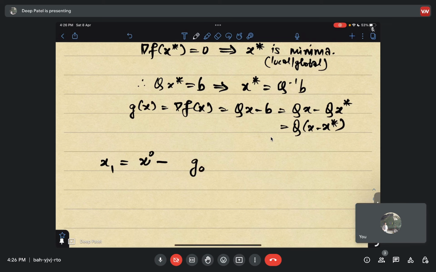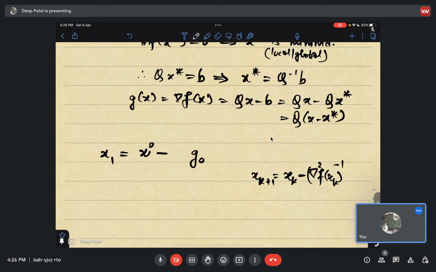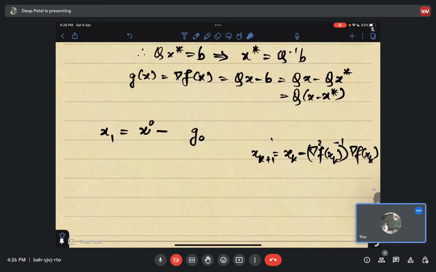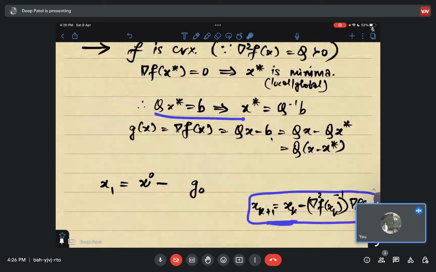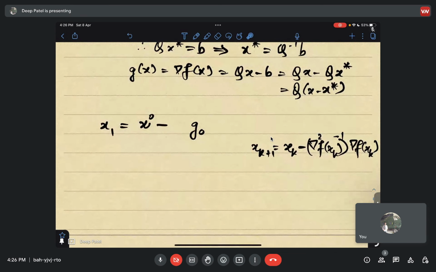Newton's step, just to recall, is x(k+1) equals xk minus the inverse of the Hessian at the point xk times the gradient. Some people call that Newton's equations at that point, but we are just updating, not really solving any system. It's a misnomer in a sense.